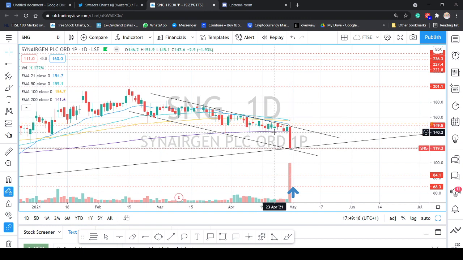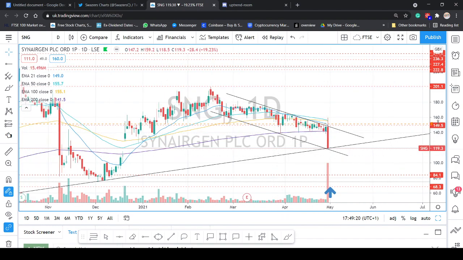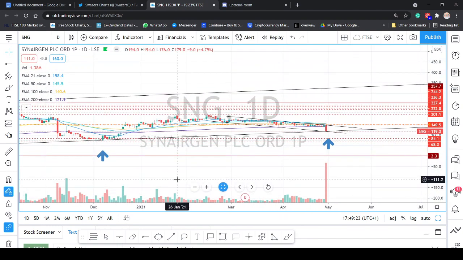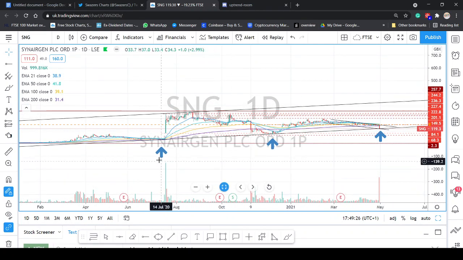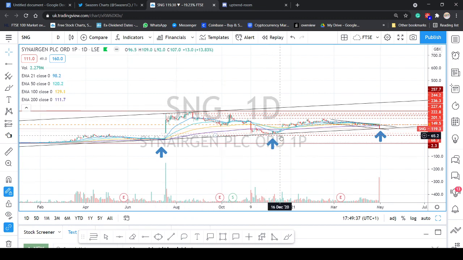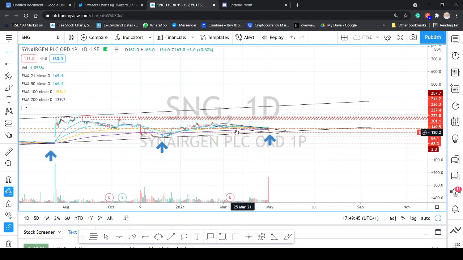Now, I was looking at SNG, Synergen PLC, on the macro picture, and I've noticed that we've got some interesting levels. So I drew the trend line. We've got a significant amount of touches along these levels from July 2020, and then a significant amount of touches from December to January of this year, and with the sell-off, this sell-off candle has encountered this level.